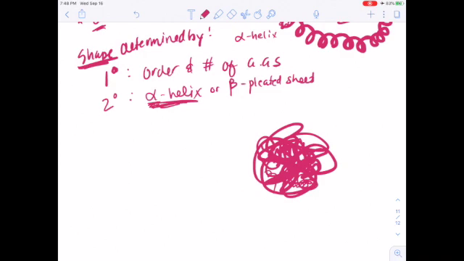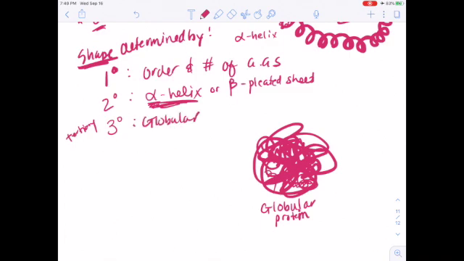Just a glob. This is actually what we call a glob or a globular protein. It has a very 3D kind of look to it. This would be the third level or the tertiary level of protein shape.